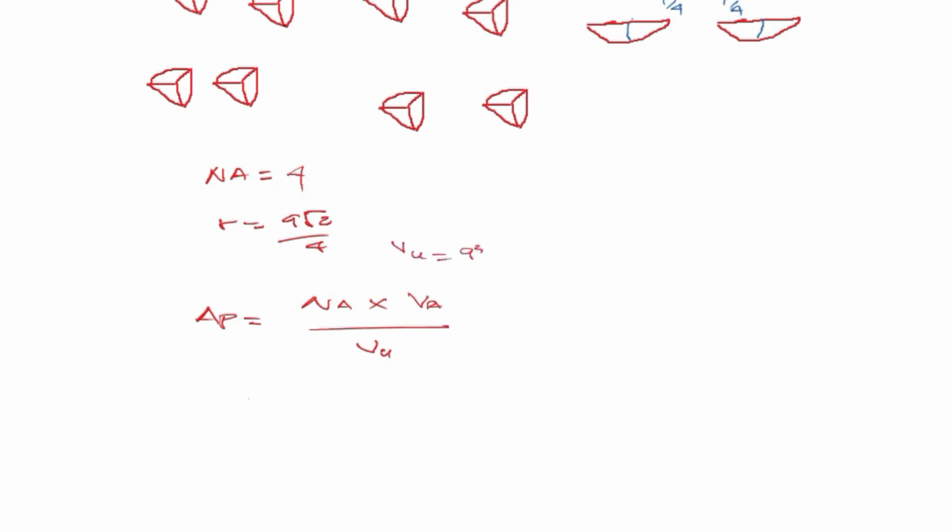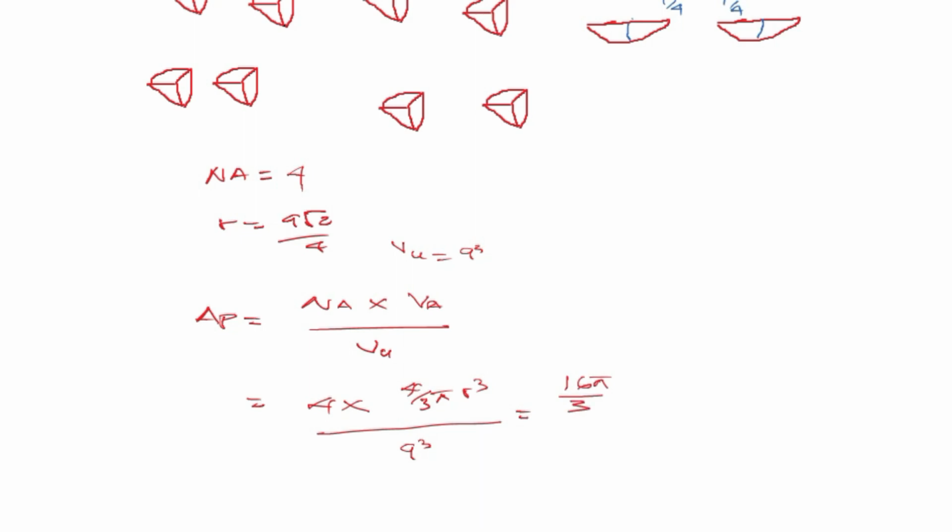So therefore, substituting all our parameters, now we are having Na is 4 times VA. We said VA is the volume of the sphere, which is 4 over 3 pi R cube, all over A cube. So this is equal to 4 times 4 is 16 pi over 3 R cube.